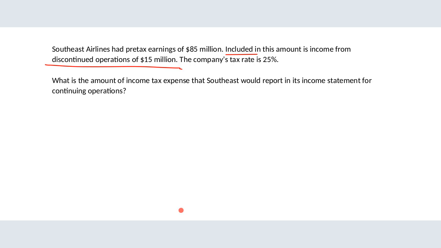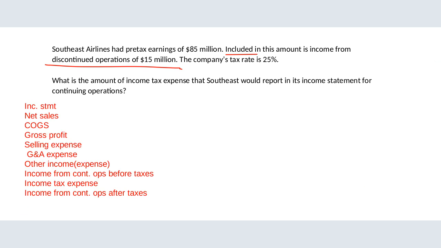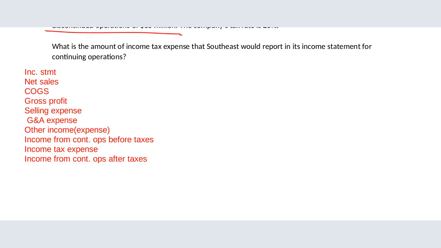We had our income from continuing operations before taxes, we had our income tax expense, and then we have our income from continuing operations after taxes, something like that. And then after that, if we had discontinued operations, these were net of taxes, right? And then we finally had our net income, and then of course our earnings per share, et cetera.